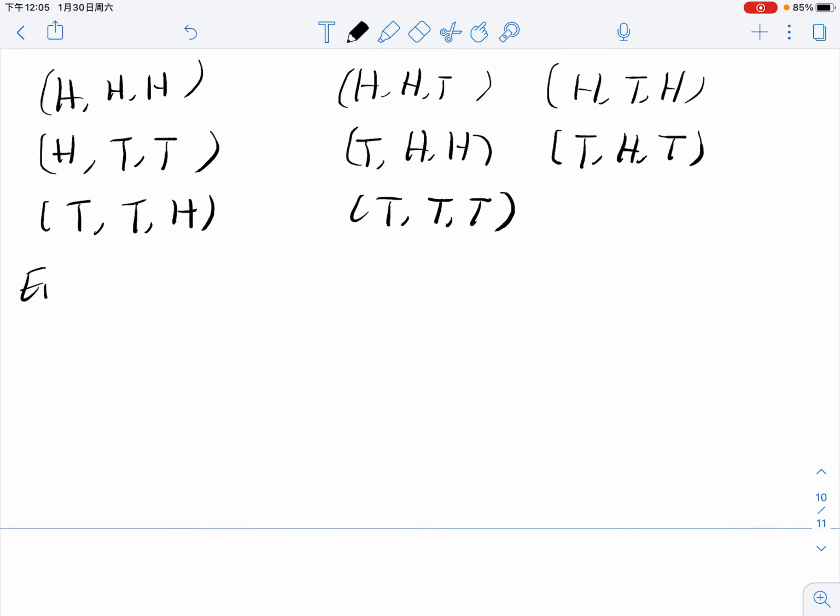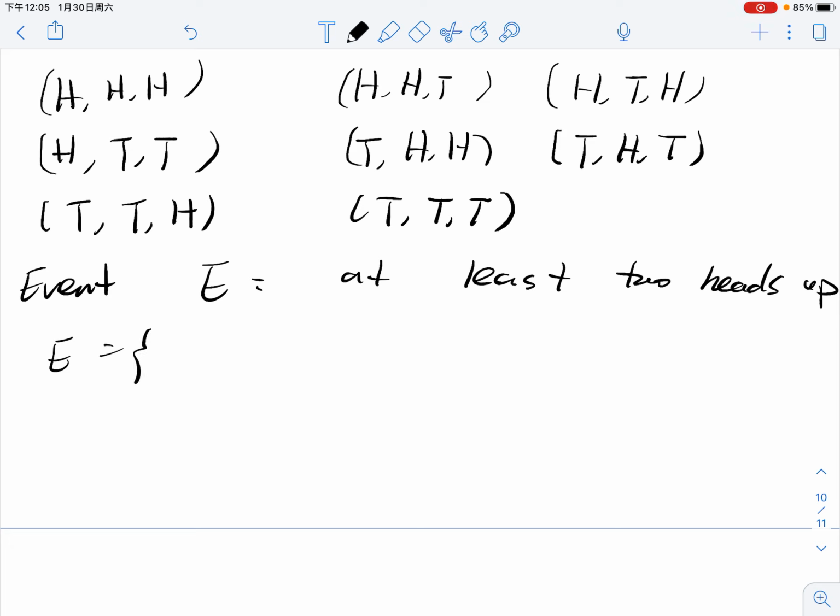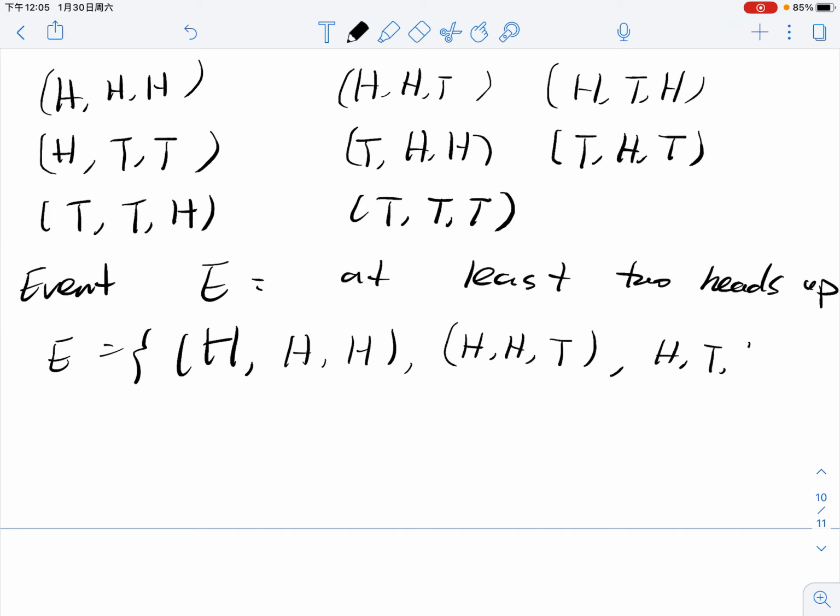And let's consider an event E. Suppose at least 2 heads up. Then the subset E is HHH, HHT, HTH, THH.